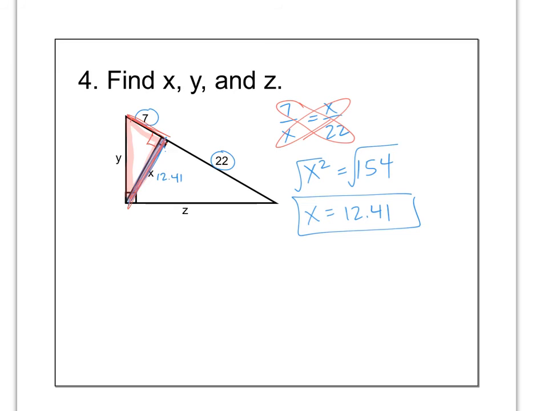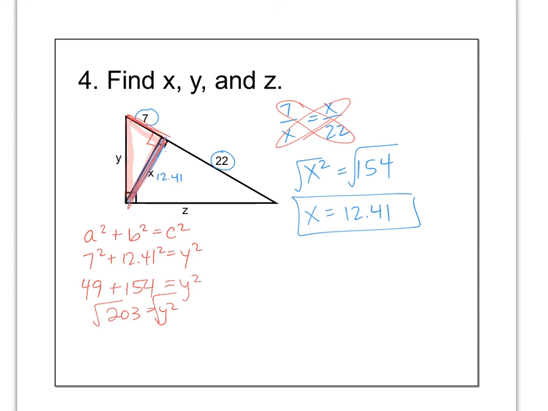We now know this side is 12.41, so we can use a squared plus b squared equals c squared. 7 squared plus 12.41 squared equals y squared. 49, and then this should be about 154, equals y squared. 154 plus 49, add those together, you get 203. Then you take the square root to get rid of the square. So you get plain old y, and the square root of 203 is 14.24.